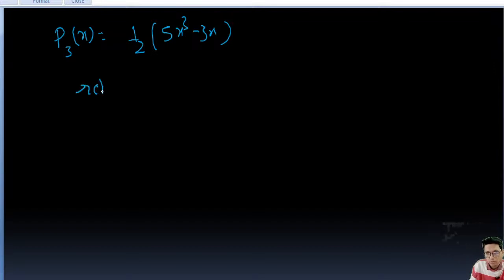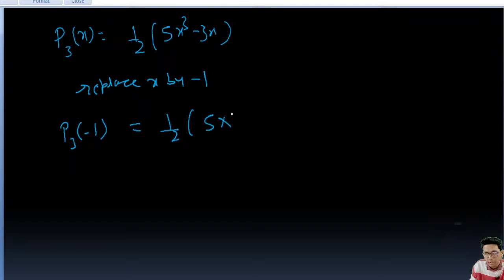So P3(minus 1) equal to 1 by 2 into (5 into (minus 1) to the power 3 minus 3 into (minus 1)).